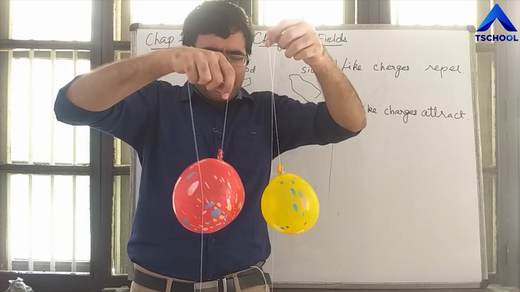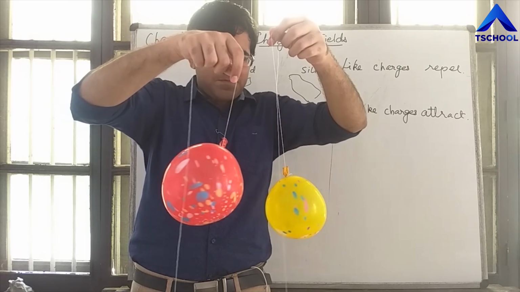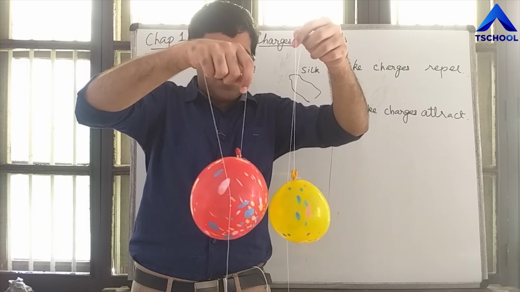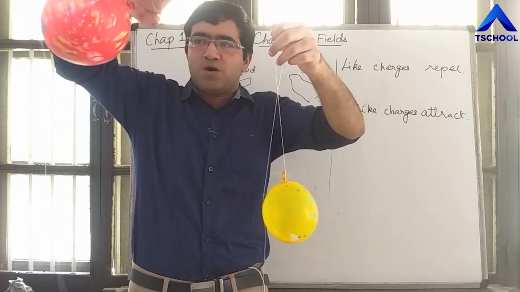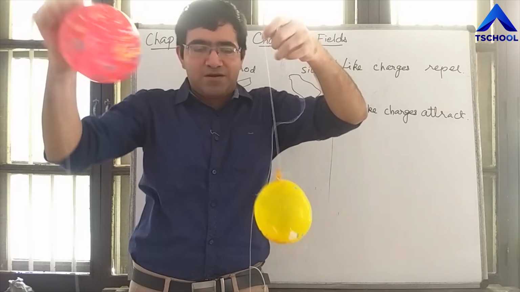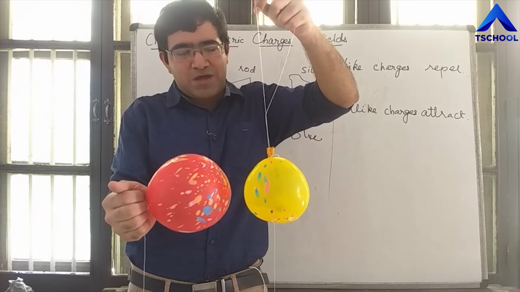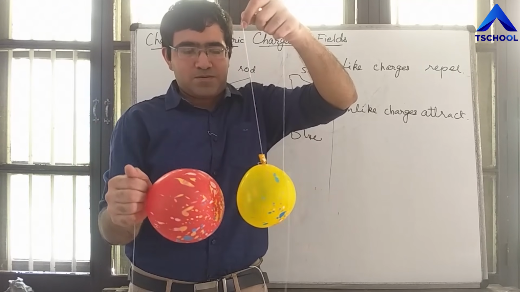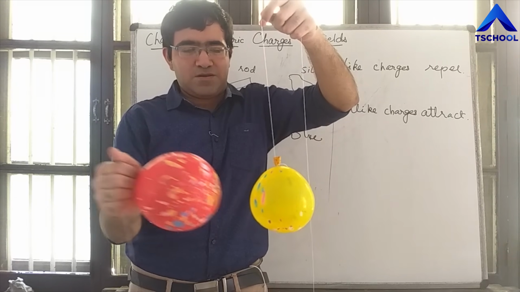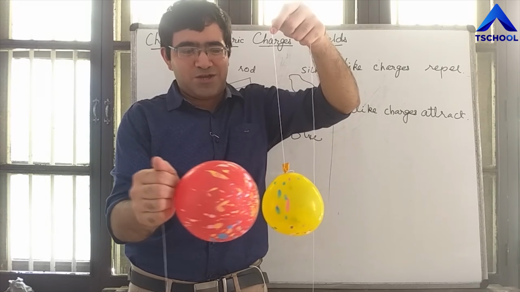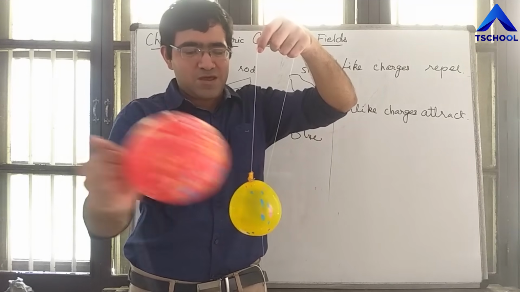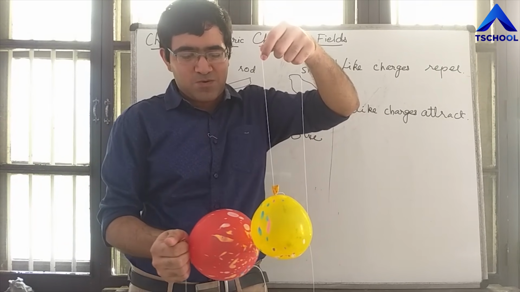But if they're brought close, see they don't quite hit each other, right? If I hold this one in my hand and try to push this away, see what happens. See, it doesn't want to touch it, right? There's some force between them that makes this yellow balloon go away.